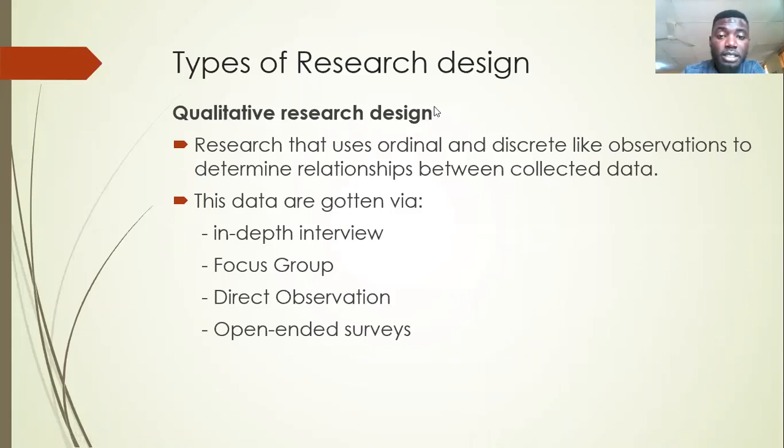So, in research, we have ordinal data that are measurable in order of scale. For example, if you see some questionnaire that states that you agree, you disagree, and you totally disagree, that is an ordinal scale.